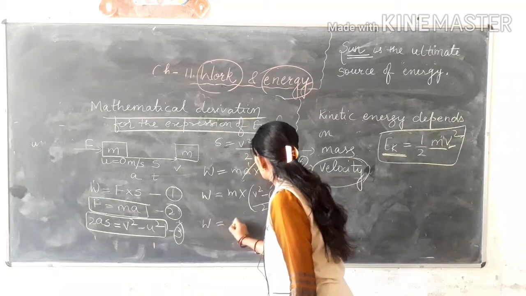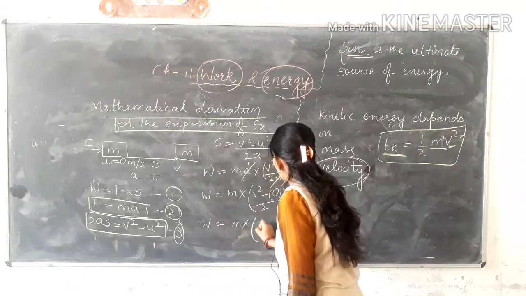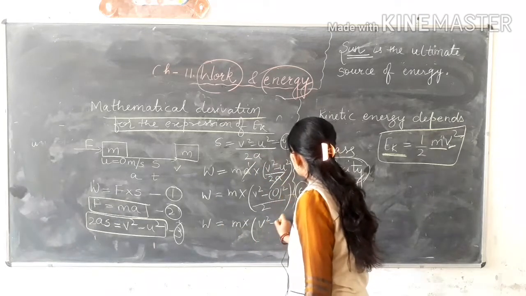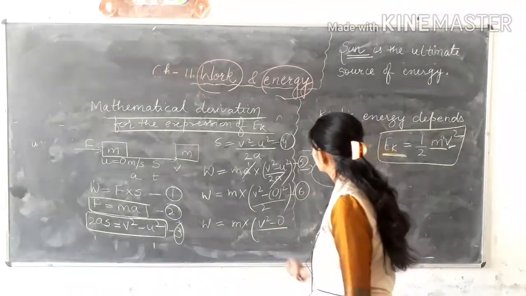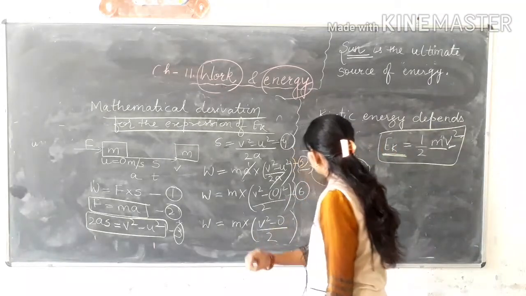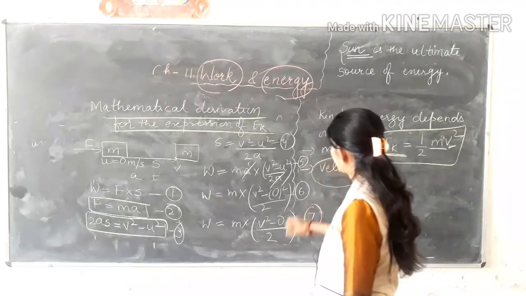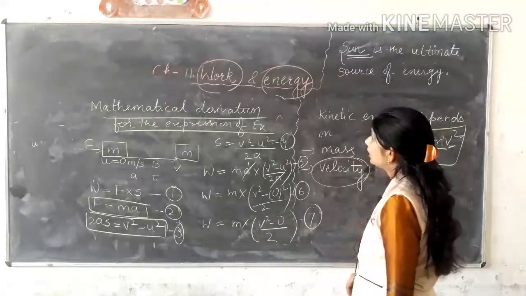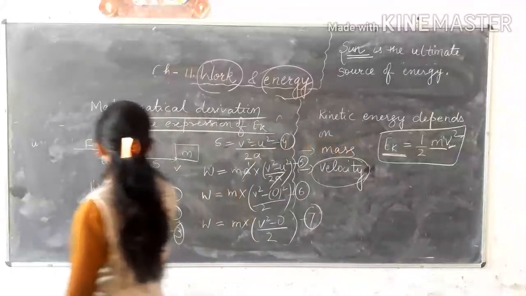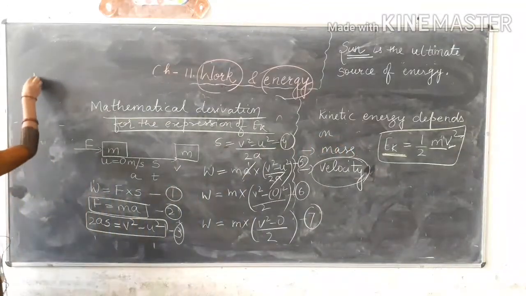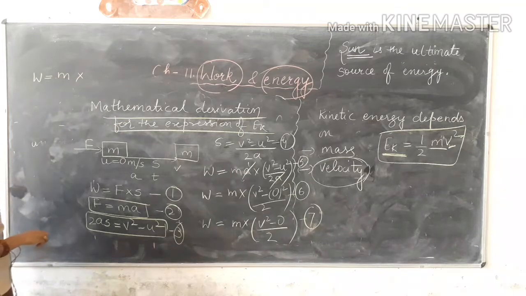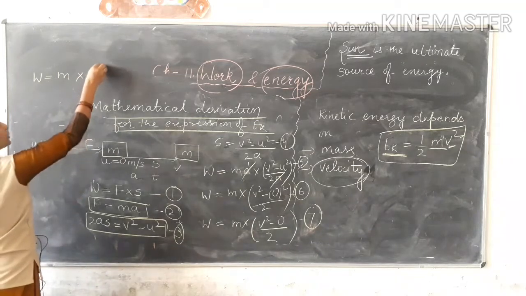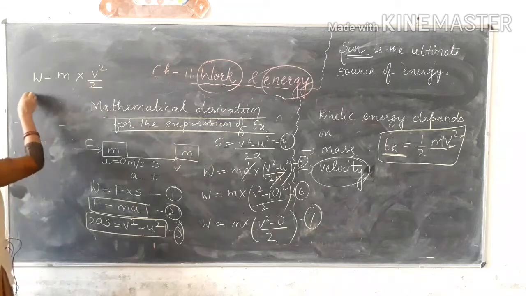W is equal to m into v square minus 0 square, 0, upon 2. This is the seventh step. Now W is equal to m into v square minus 0, v square upon 2.